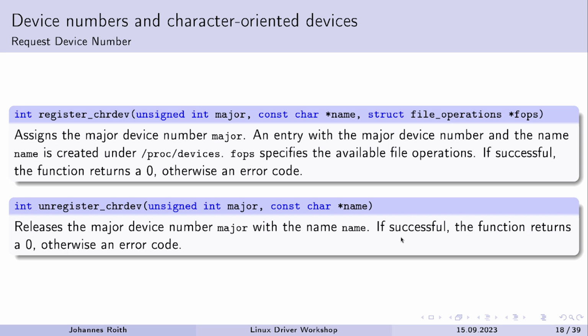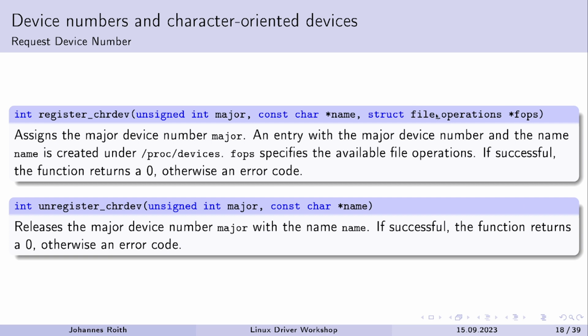Okay, so how can we create our character-oriented device and register a device number? Therefore we can use the register character device function. The first argument is the major number it should use, and it will automatically use the minor number 0. The second one is a string which will appear in proc devices.